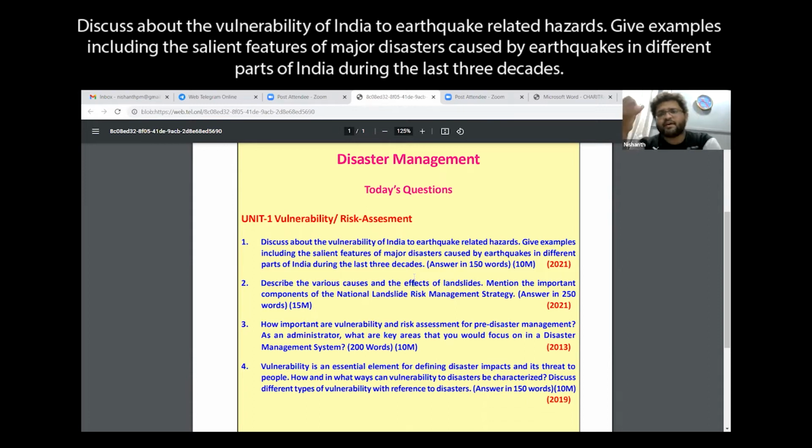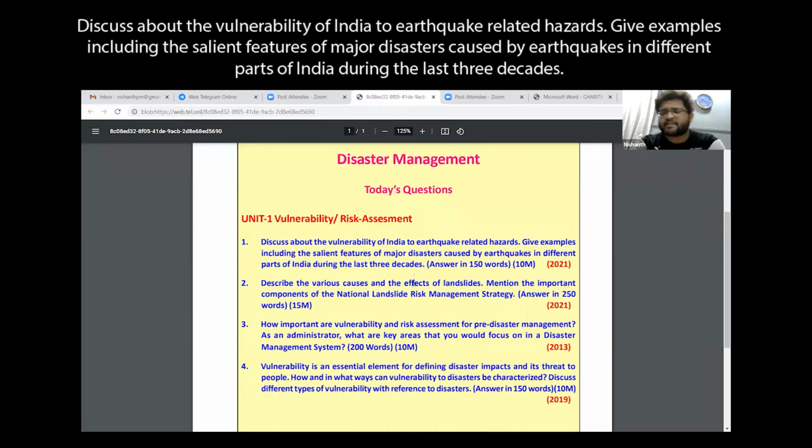So what are the major earthquakes which you are aware of? One is the earthquake of Gujarat. The Gujarat earthquake of 2001 is a very huge earthquake in the Bhuj district, the Kutch. It killed many people and created widespread havoc.